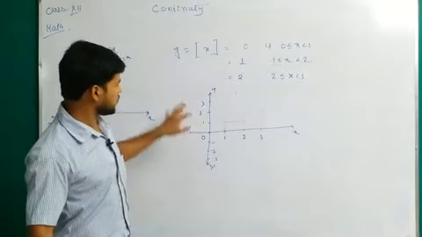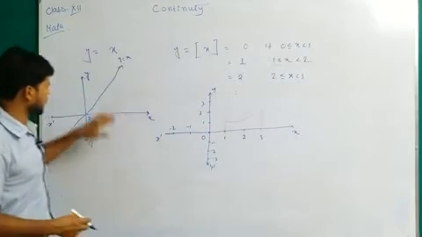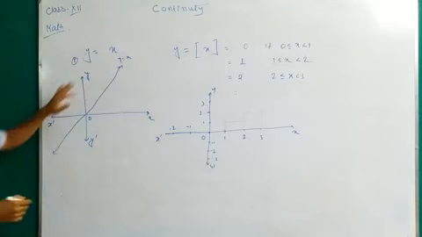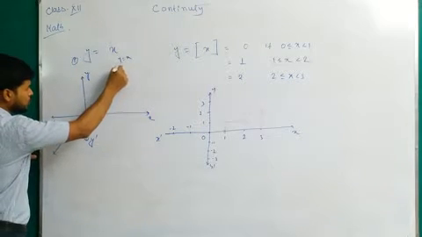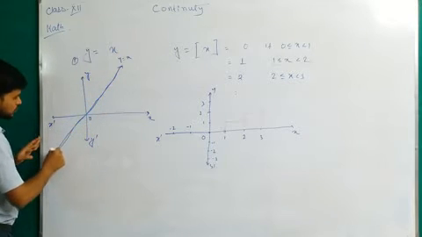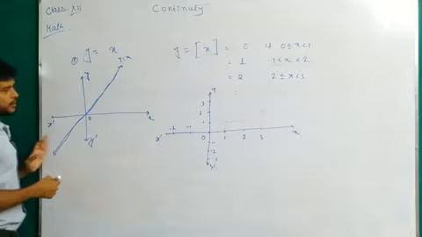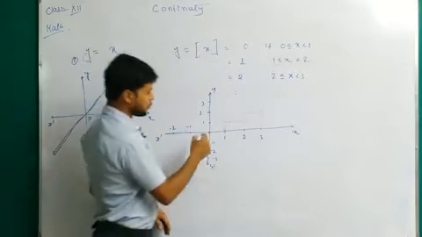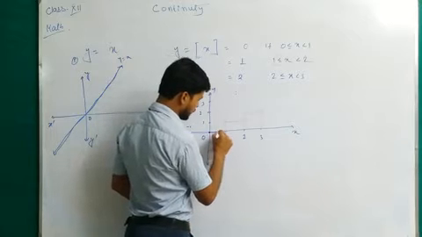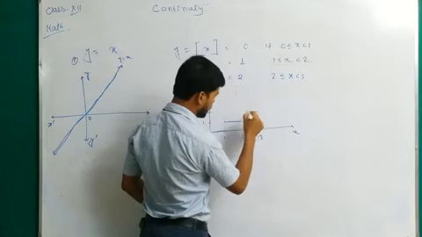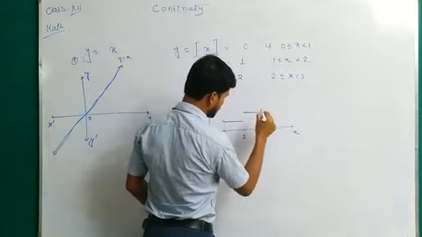Now in these two graphs, if we talk about the first one, to draw the graph we don't need to remove the pen, just in one stroke we can draw the graph. But in this function we have to move our pen several times, from here to here, then from here to here, then again from here to here.